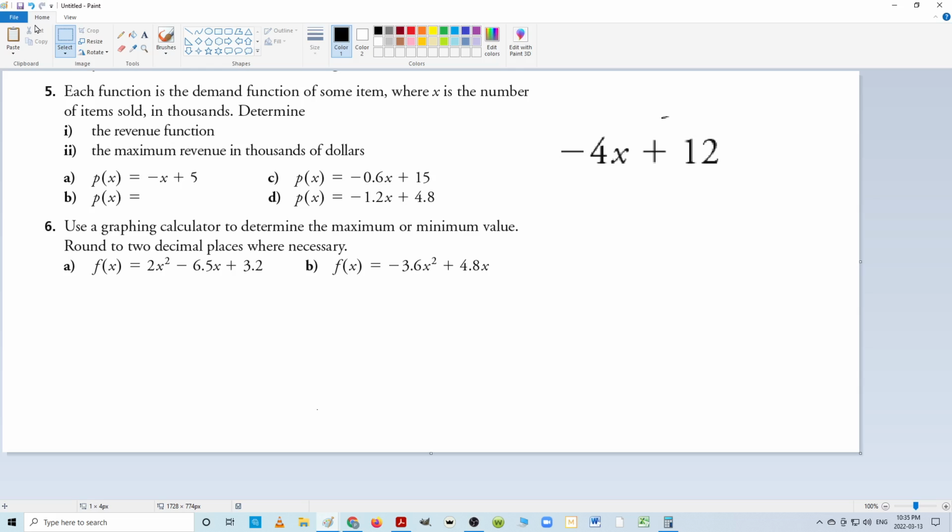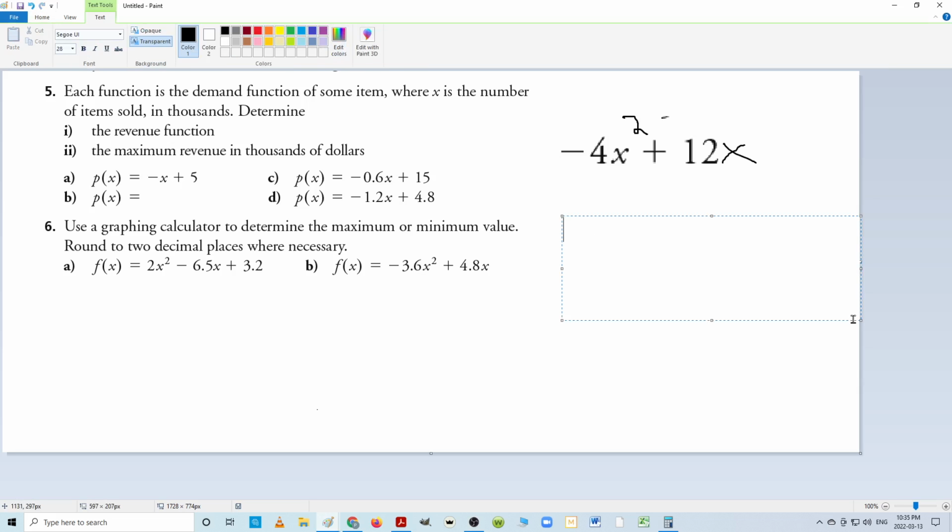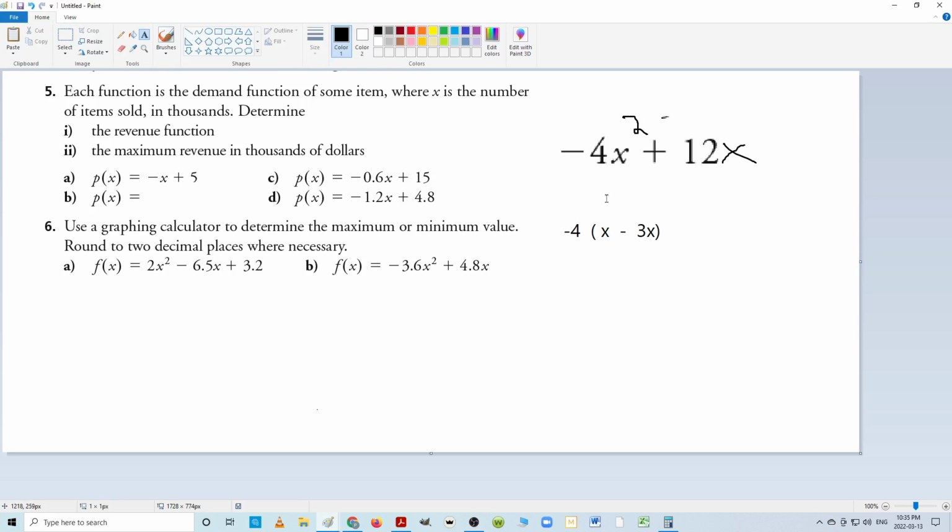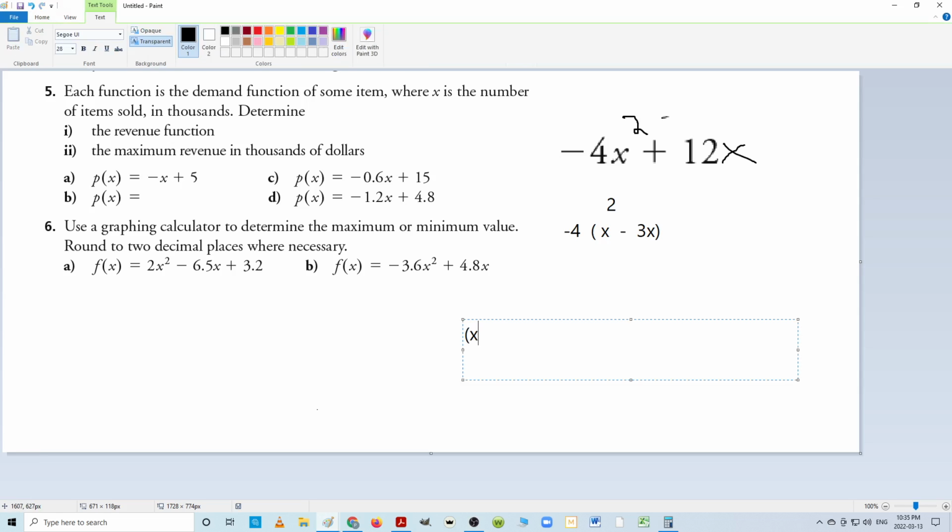So when I multiply this by x, I get 4x squared plus 12x, so that's now revenue because there's no cost. When I take minus 4 out of it, I'm left with x squared minus 3x. And if I'm going to find the perfect square of this portion of it here, I half that 3, x minus 3 over 2 squared.